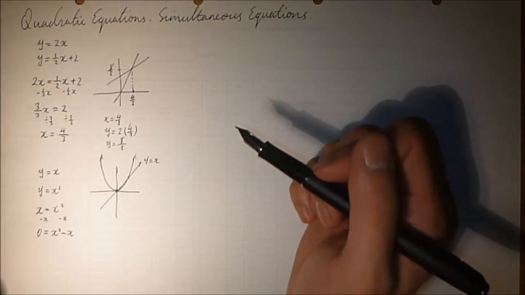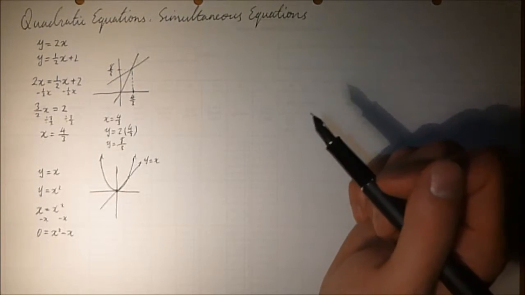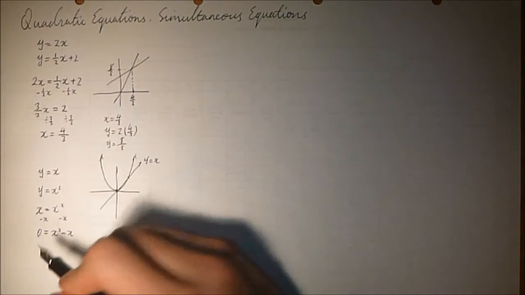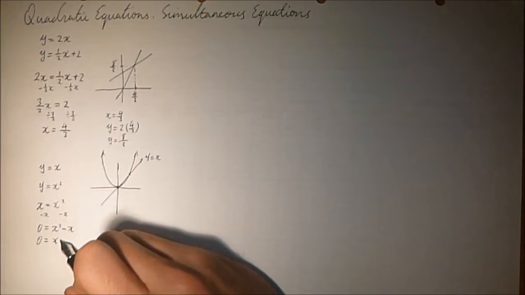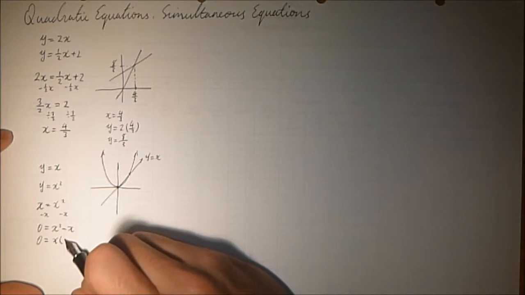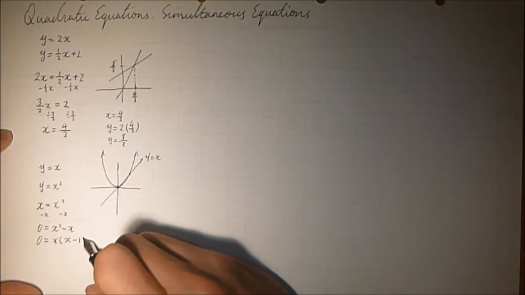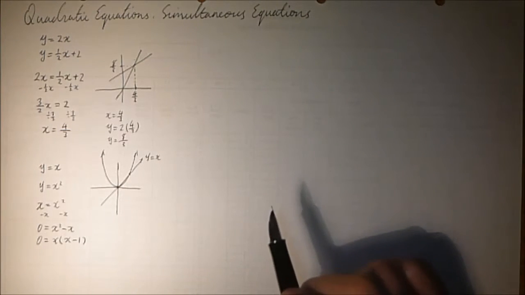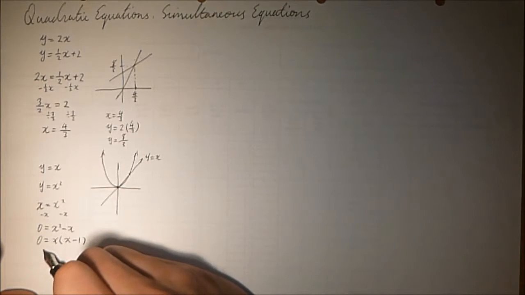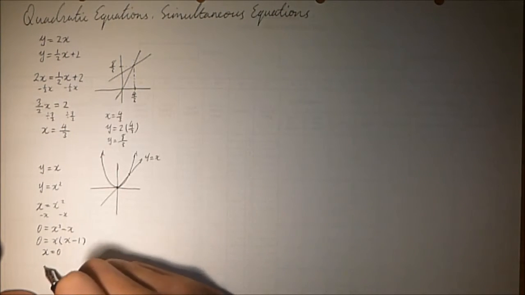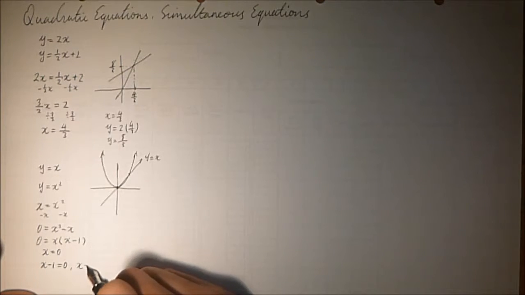And this is just another quadratic equation we have to solve. We factorize it first. So x times x minus 1. In this case, either x equals 0 or x minus 1 equals 0, in which case x equals 1.